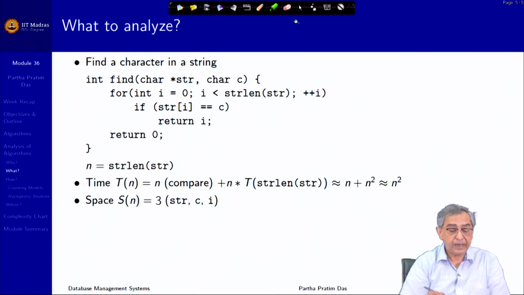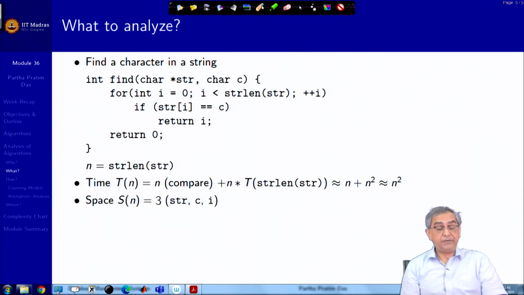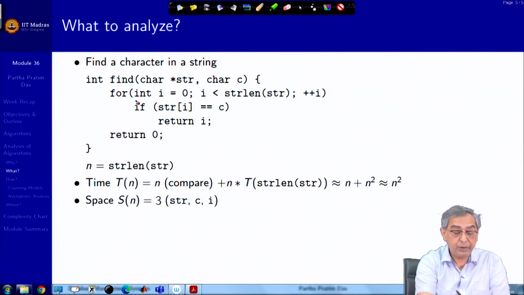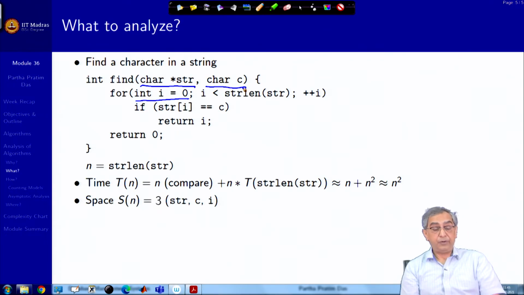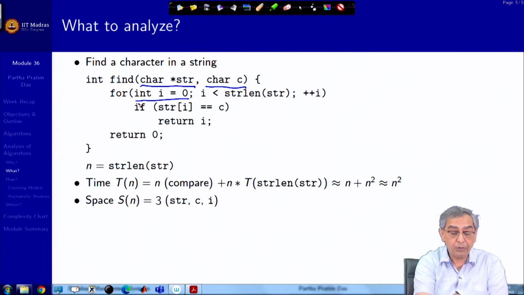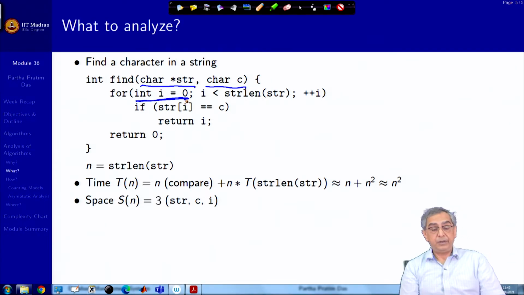So, if we take another example quickly, this is finding a character in a string. What you are doing is, this is the pointer to the string, this is the character that you want to find, and you go over that string starting with index 0. So, you take str[0], str[1] like this, and how far do you go?